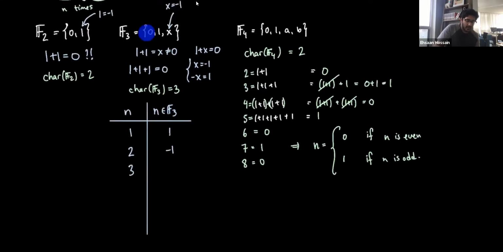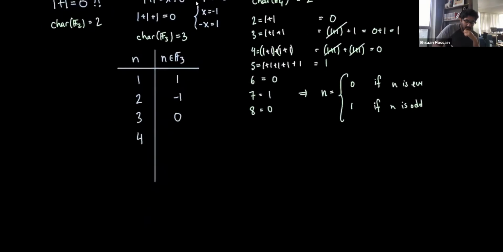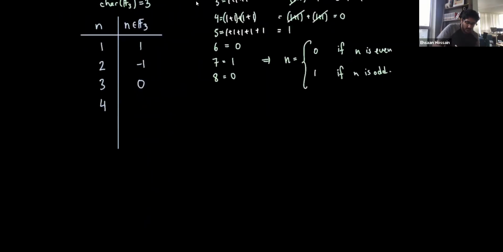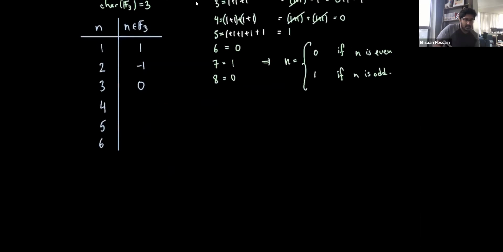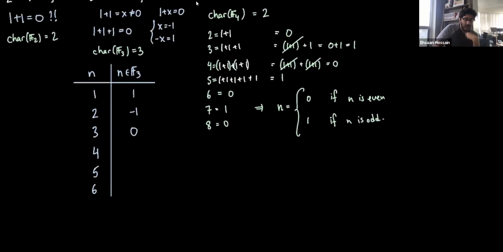Which one of these three elements is equal to 3? It's 0, right? Because 1 plus 1 plus 1 is 0. How about 4, 5, 6, and so on? 4 is 1. Why is that?